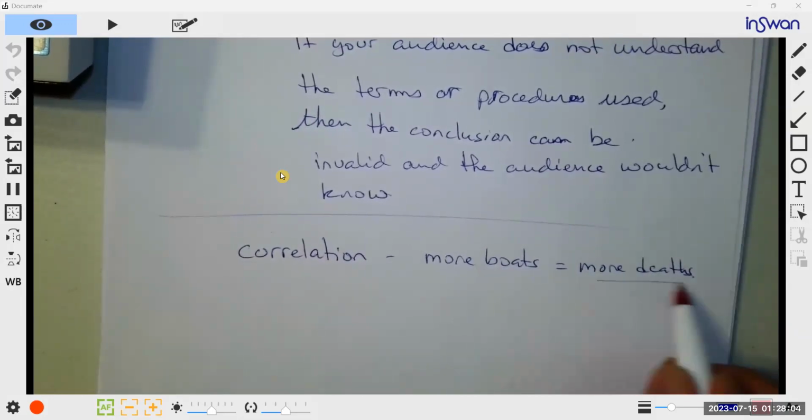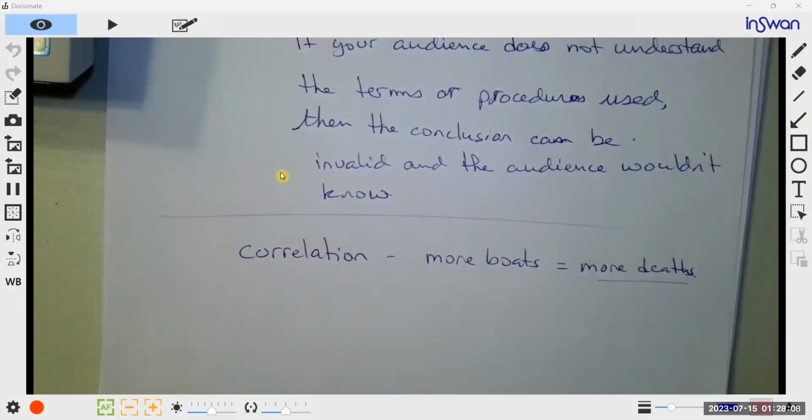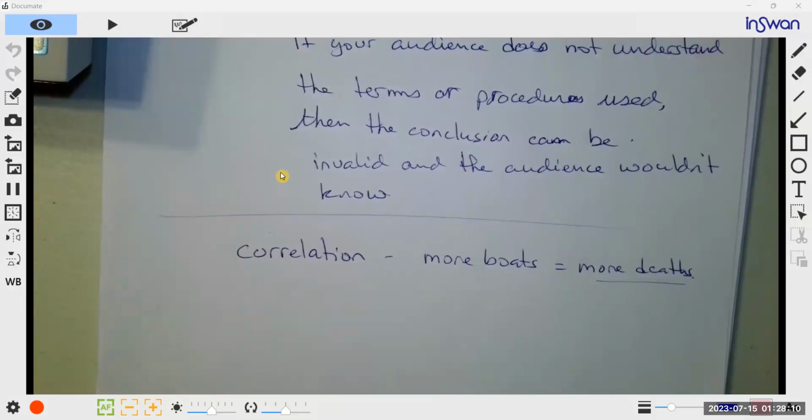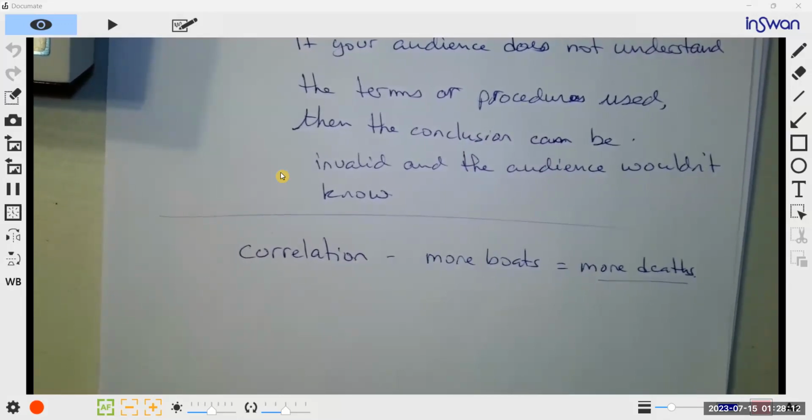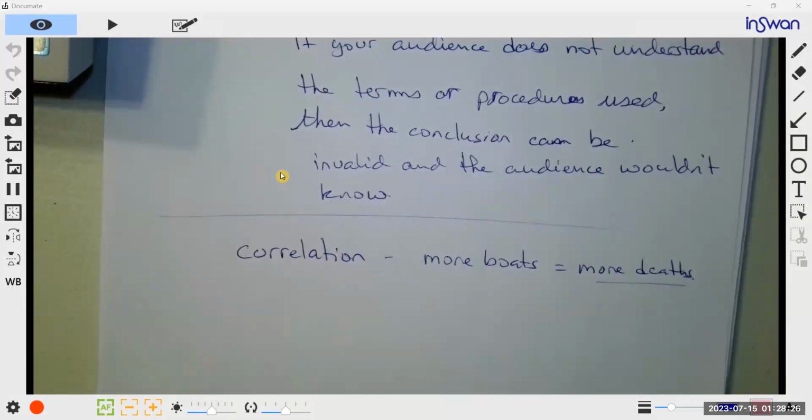So are the deaths caused by more boats? You can't say that, because it could be that the food source is running out, not because of the boats, but because we have more fishermen and more swimmers scaring the fish away, or whatever the manatees eat.